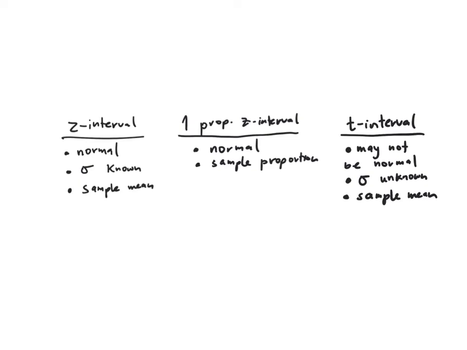Okay. So the first interval, Z and T, are kind of similar, right? But they differ in these two situations. Okay, so that's the difference between the Z and T interval. So these are possible names for the intervals that we're going to be using in the class. And again, there's one more lesson, so there's one more name.